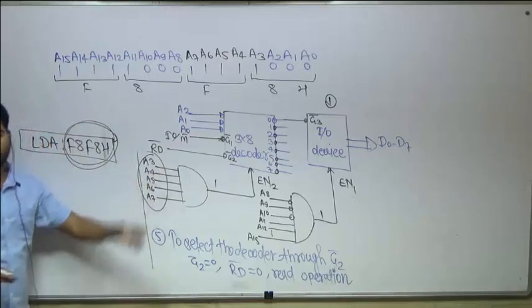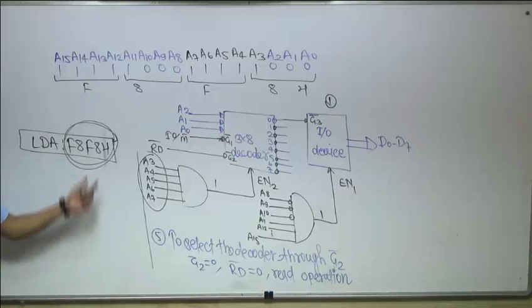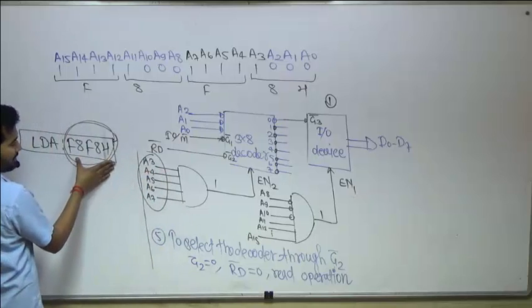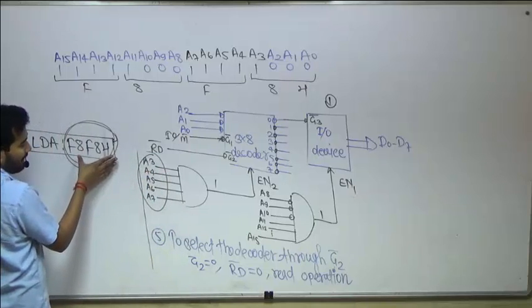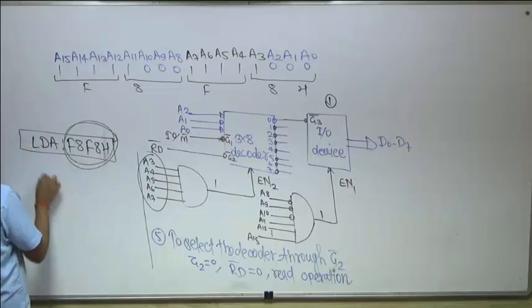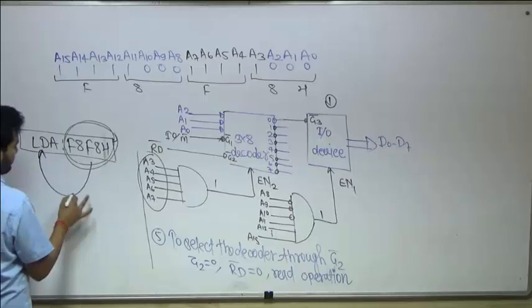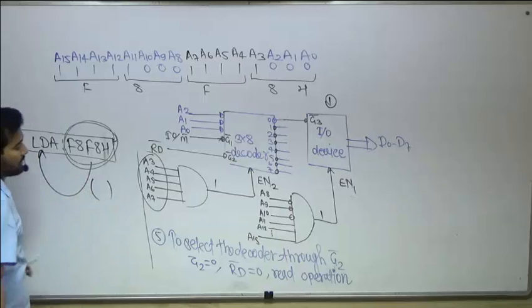Some input output device is there at this address. You need to transfer the data stored at this addressed device to the accumulator. This is what a read operation is.